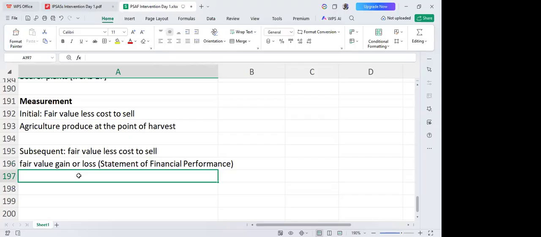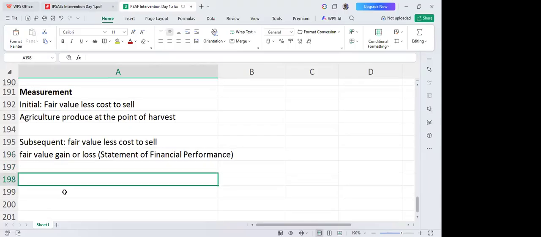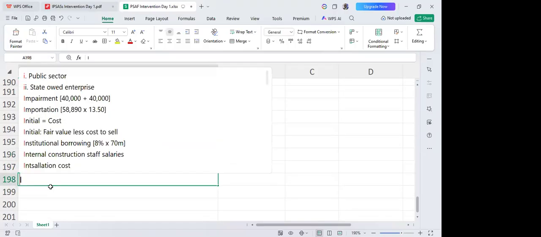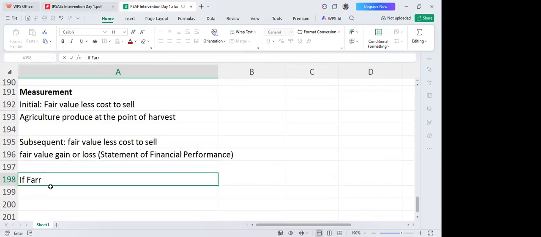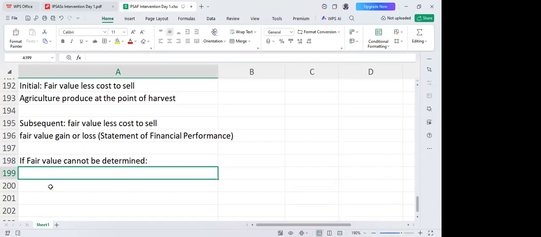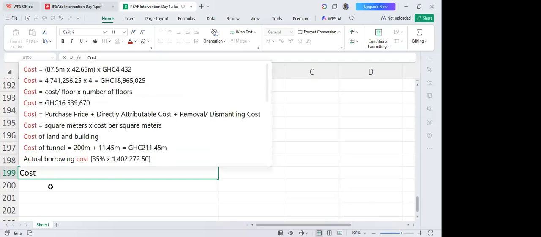The standard says that, however, if you see in the question that you can't determine fair value, if fair value cannot be determined for the biological assets, then you are going to use cost less accumulated depreciation.